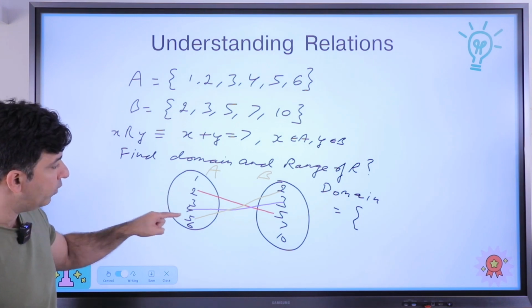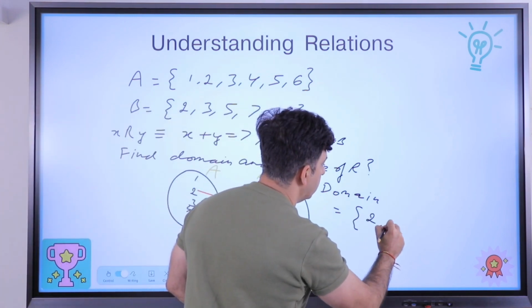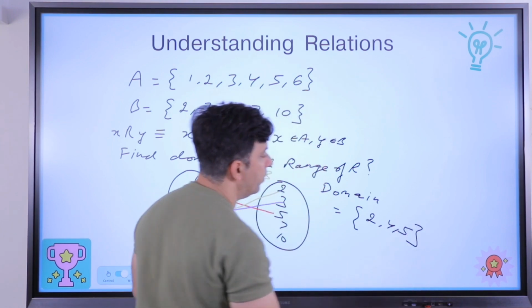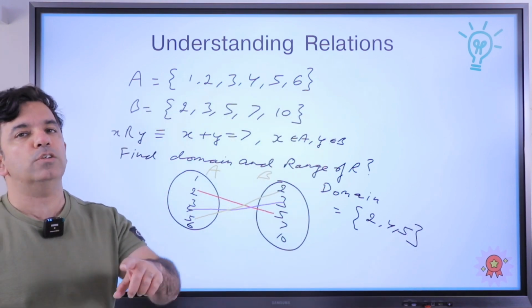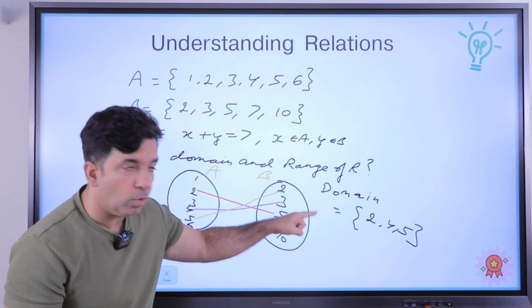Only these 2, 4 and 5 would be in. Why? Because they are connected with elements of set B. So this is the domain of this relation.